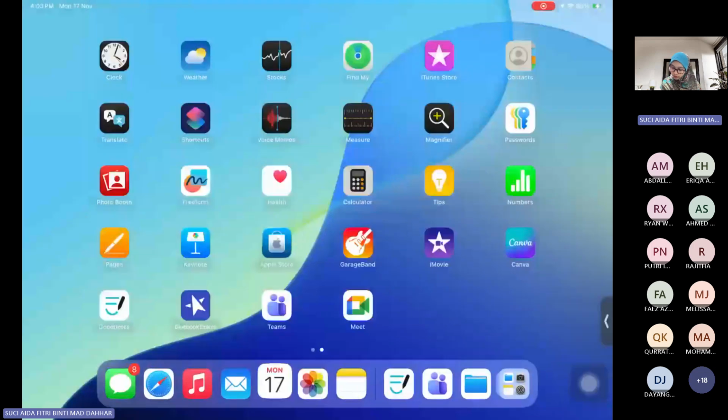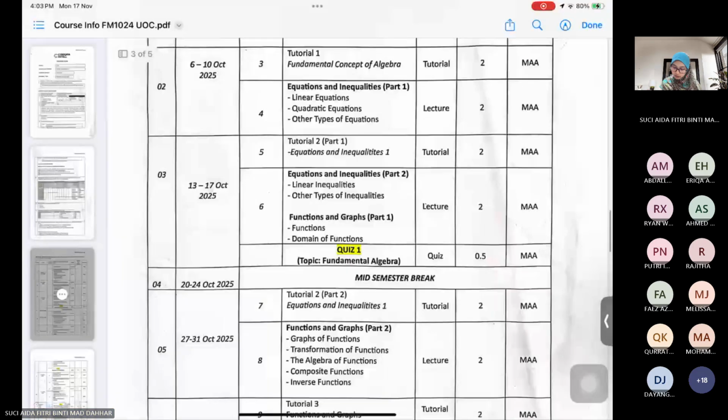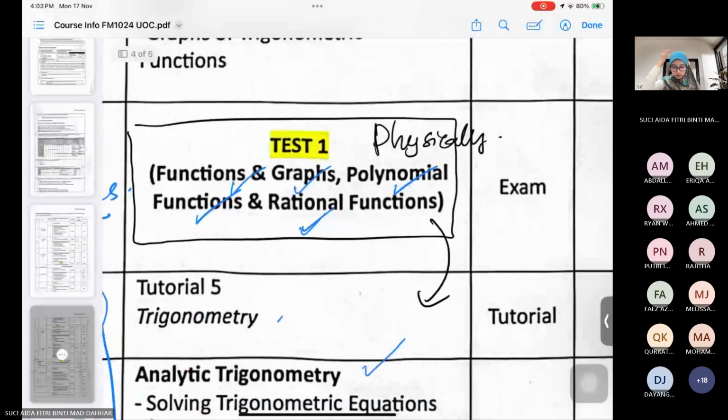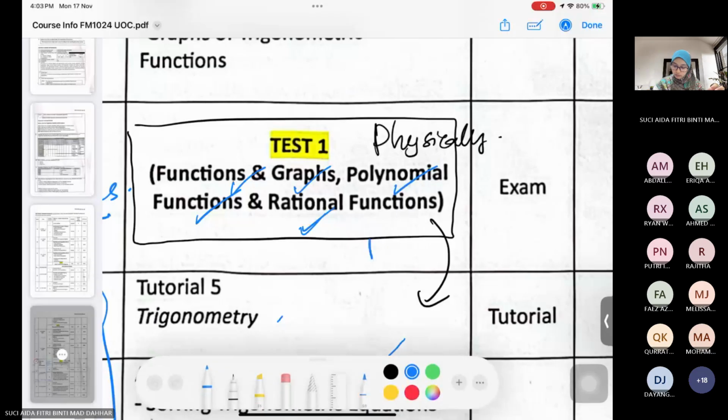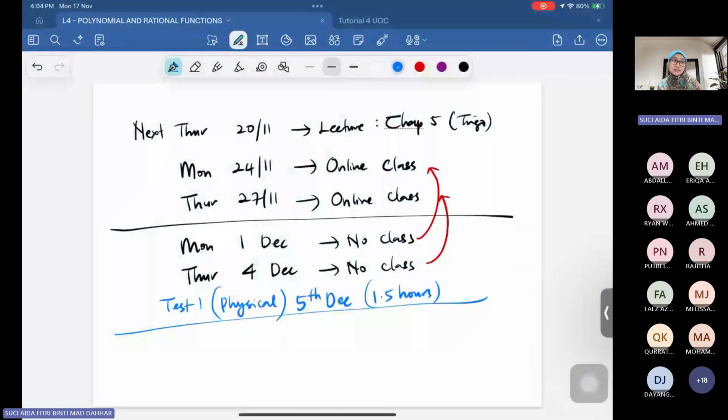The topic that will be included in your test is already mentioned: functions and graph, polynomial, and the rational function that we just learned today. This will be tested in test 1. It will contribute 10% for the course. Physical, yeah? I won't be there. Mr. Amiro will handle everything together with other groups as well. So not just your class, they combine everyone during the test. Is that clear?